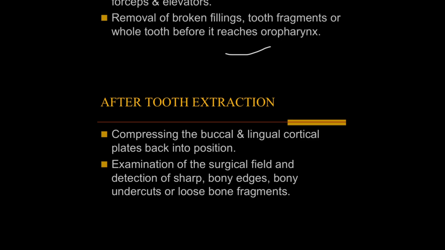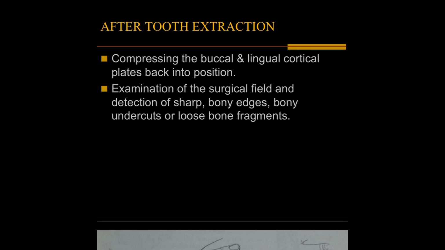After tooth extraction: compressing the buccal and lingual cortical plates back into position, examination of the surgical field and detection of sharp bony edges, bony undercuts, loose fragments. See, here you can see how the grasp should be, using index finger and thumb.